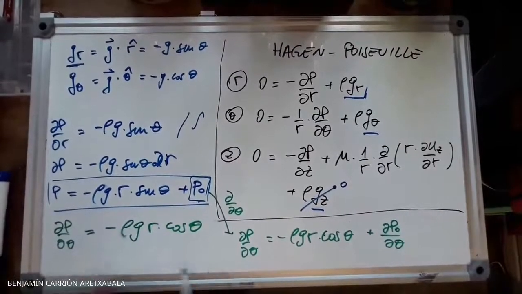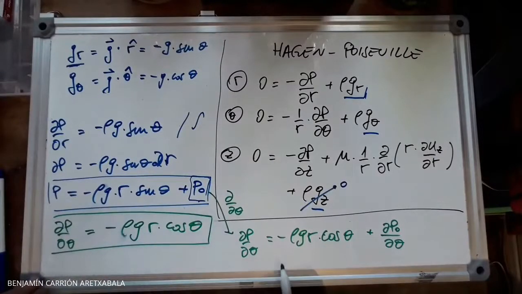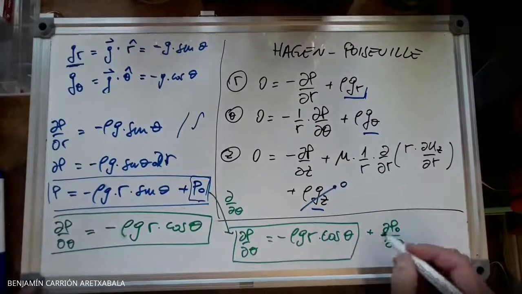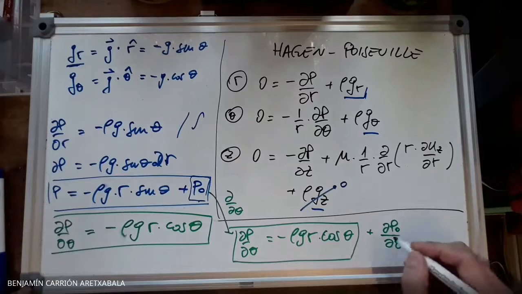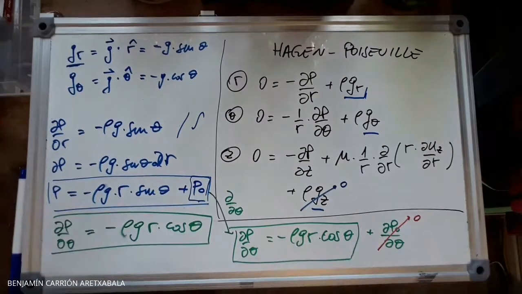Now you can see from this equation that this equation is just the same as this. So that means that this final bit, the derivative of P0 with respect to theta, has to be zero. That doesn't mean that P0 is zero at all.